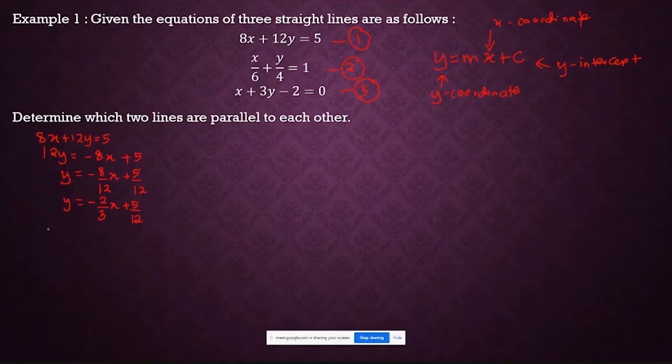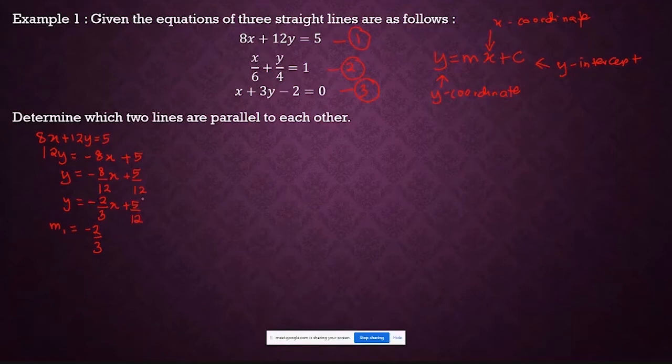So the gradient of the first line, which I label as M1, is equal to negative 2 over 3, because here y equal to mx plus c.